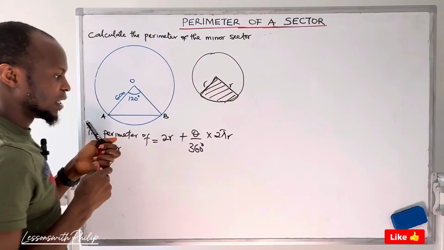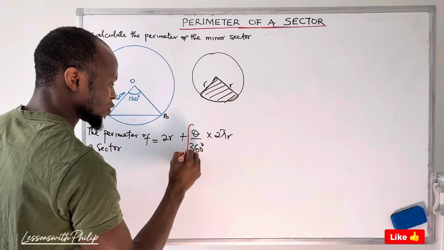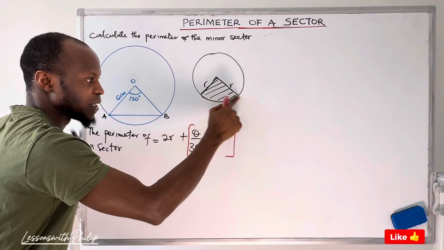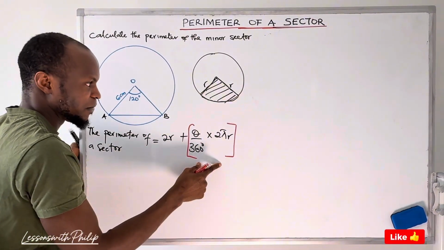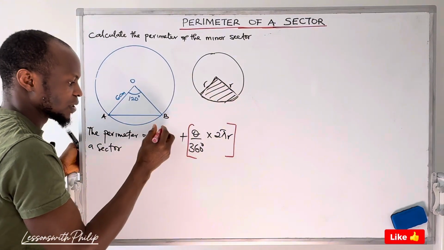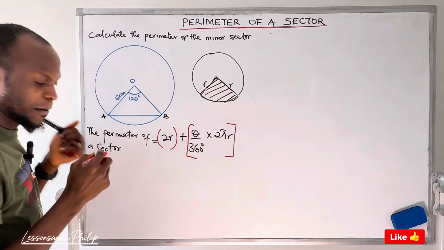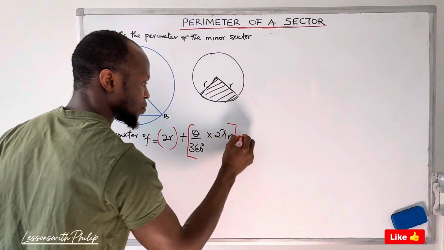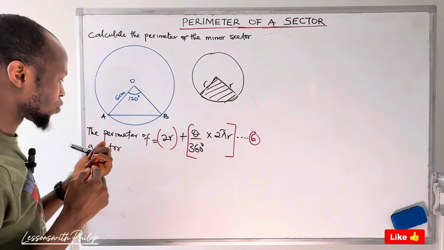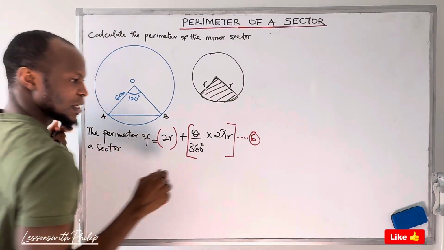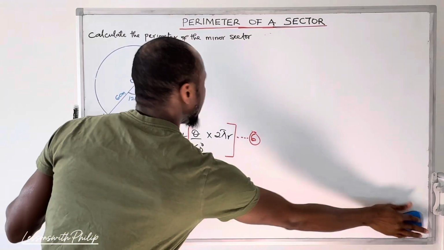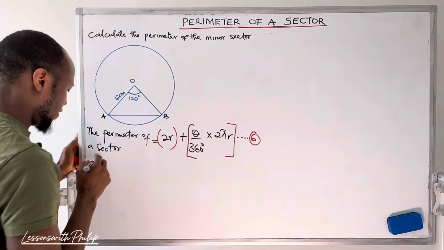Don't forget, this part of the formula is the length of an arc, from this place to this place. And the two radii, radius plus radius. That's why we have this. This should be the sixth formula, the formula to calculate the perimeter of a sector.